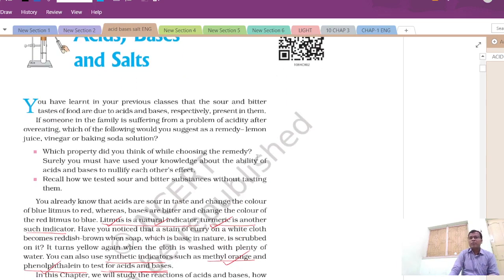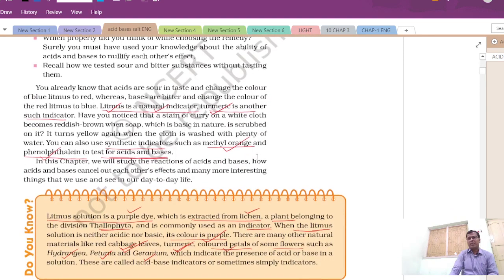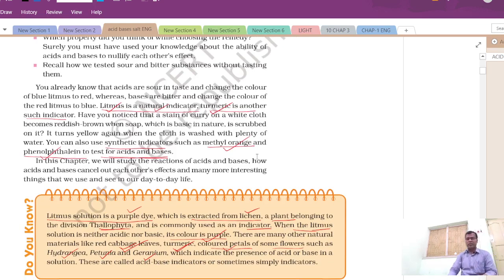In this chapter we study the characteristics and properties of acids and bases, how they react with metals, non-metals or anything else, and how we can know whether a given substance is an acid or not, and what the strengths of acids are.